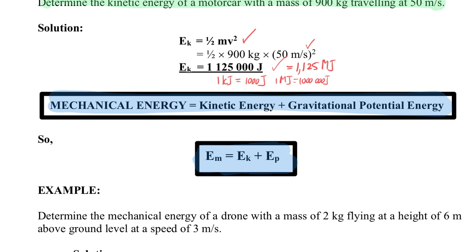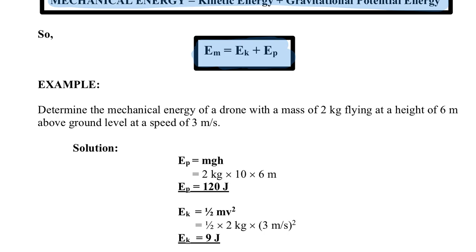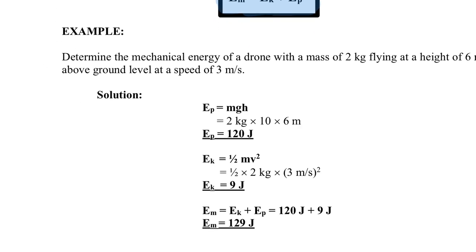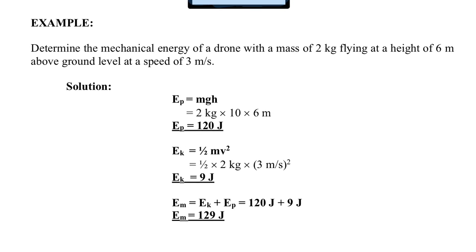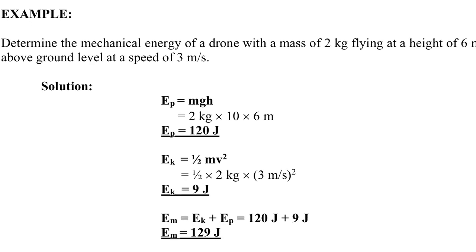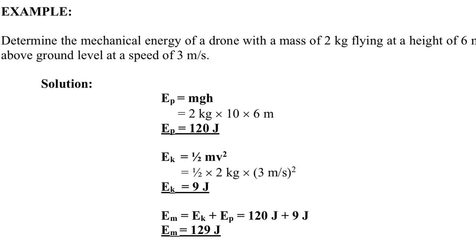So now let's take a look at the solution. In order to find the mechanical energy, we need to find the potential energy and the kinetic energy separately and then add them together. So the drone has a mass of 2 kilograms. So there's our drone, however it looks.